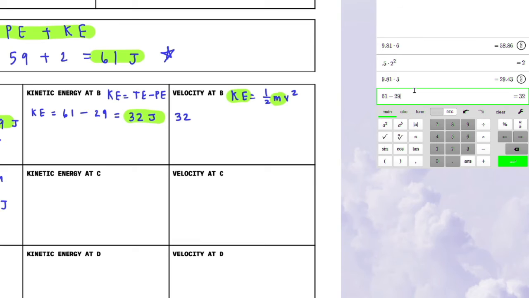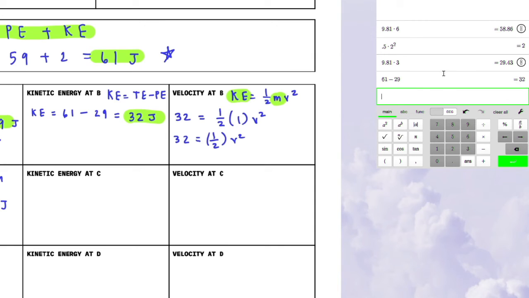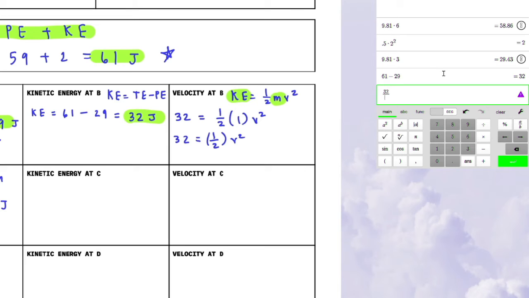So 32 joules for kinetic energy is equal to 1/2 times the mass times the velocity squared. One half times 1 is just 1/2. So I'm going to divide by 1/2 on both sides. So 32 divided by 0.5 is equal to 64.